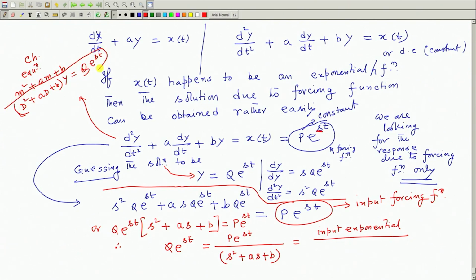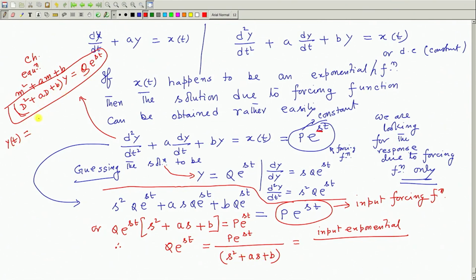This differential equation in short can be written like this: (D square, D is the operator, plus a D plus b) into y. So, it looks like the solution y t due to the forcing function will be this one we have got.